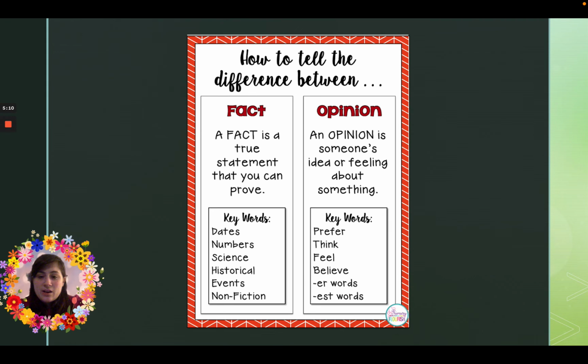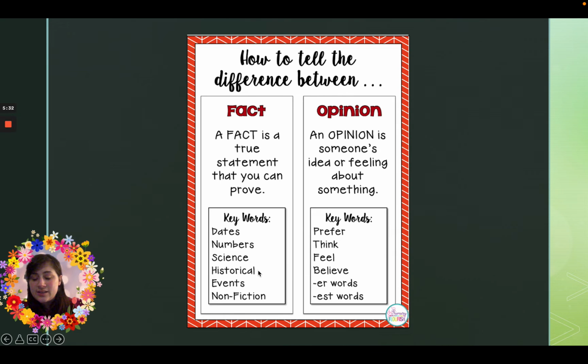There's another way here. A fact is a true statement that you can prove all of the time. Some of the things that you might see in keywords here, you may see dates. So September 11th, 2001, for example. Numbers, anything with math, right?